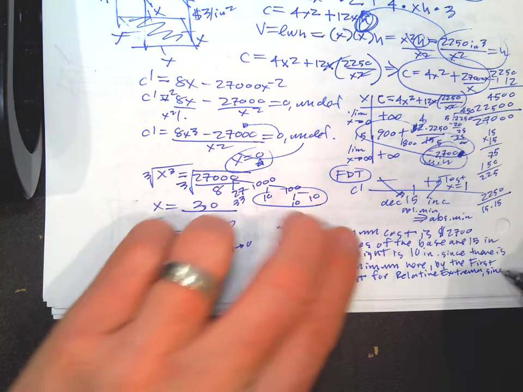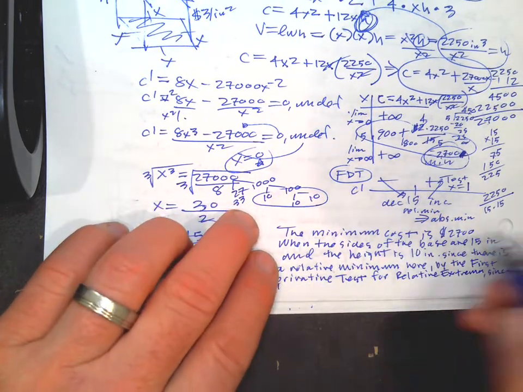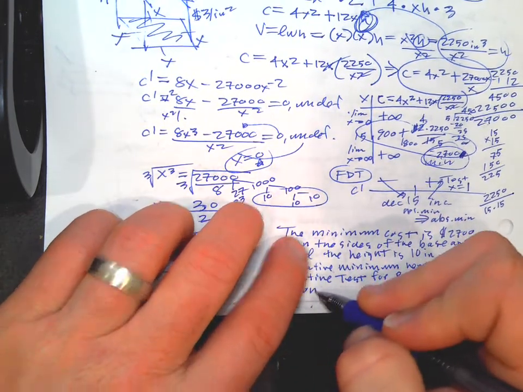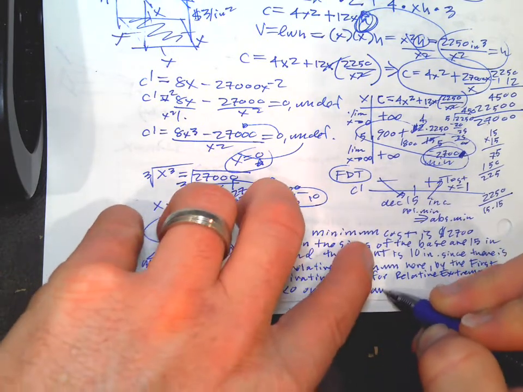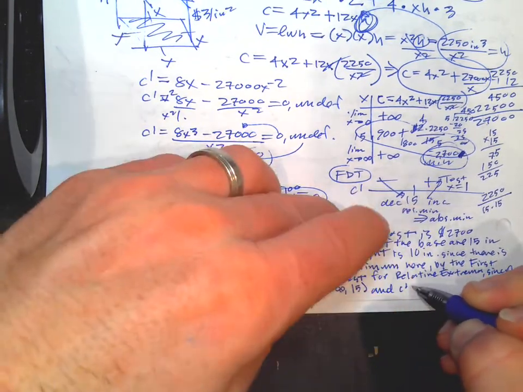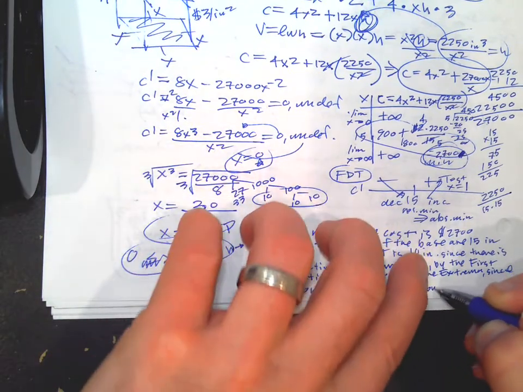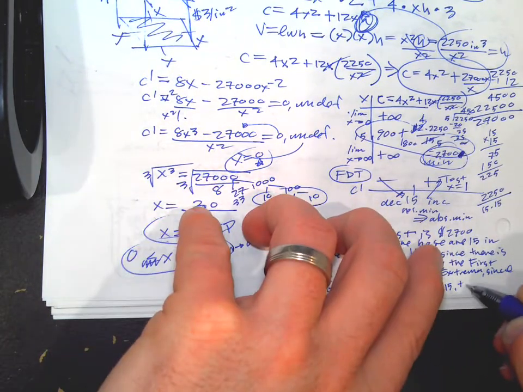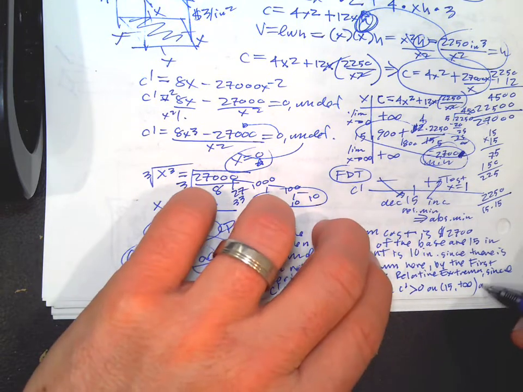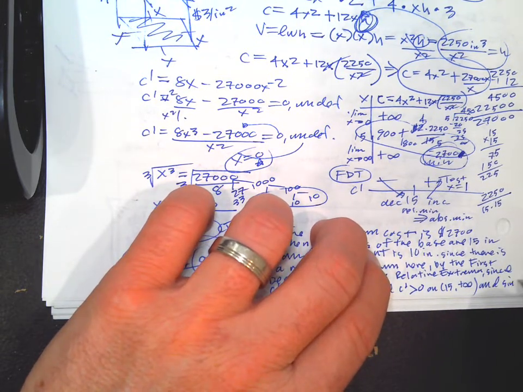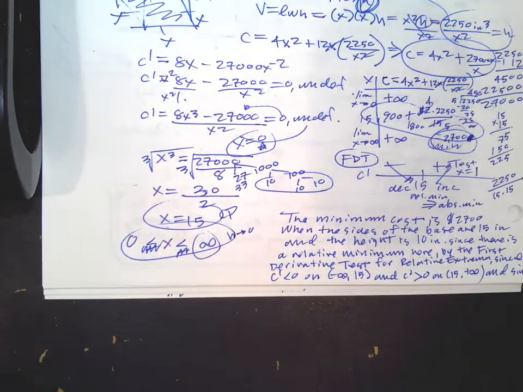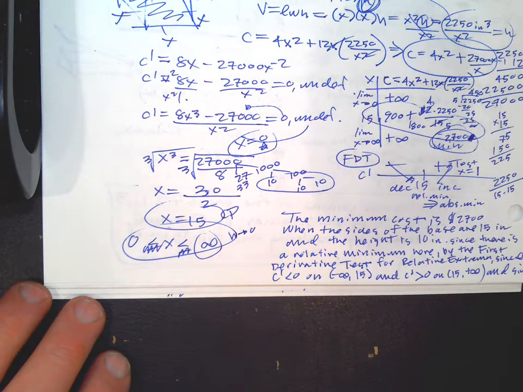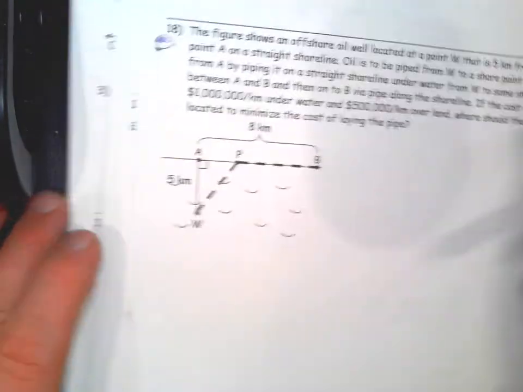Since c prime is negative on negative infinity to 15, and c prime is positive on the interval 15 to positive infinity, and since it is the only relative extrema, and so on, you can look at my solutions. It's got to be the absolute minimum. So, okay, a couple more.